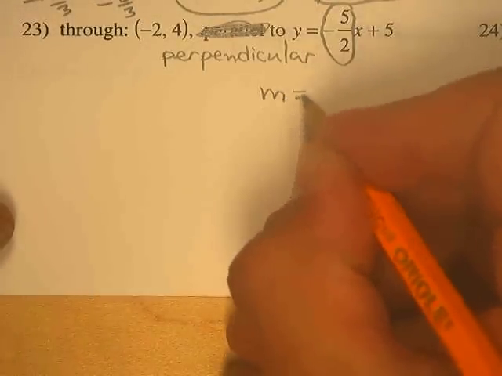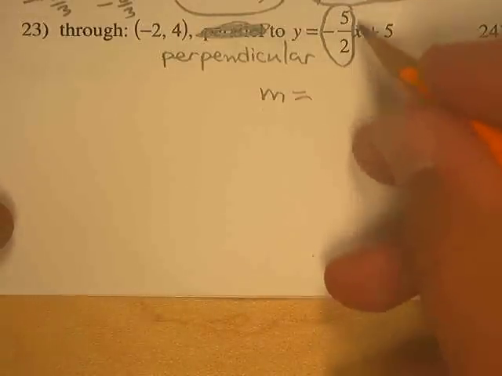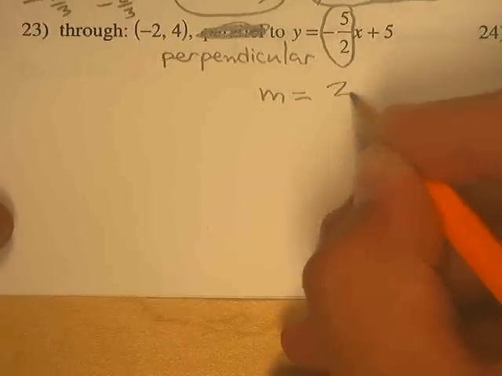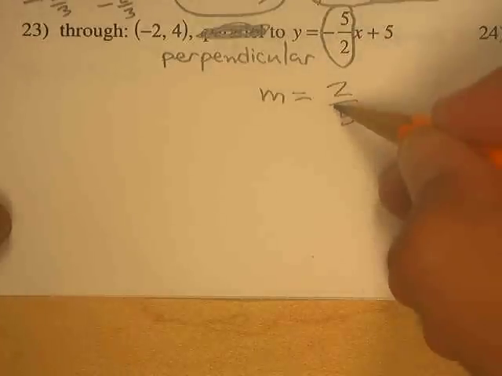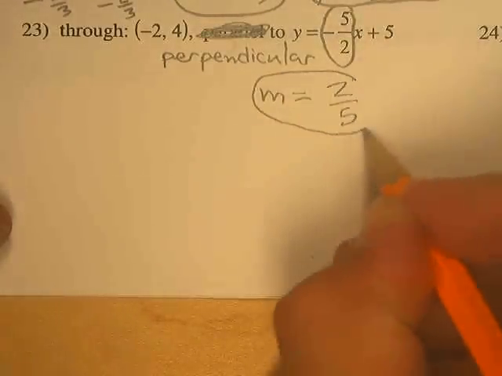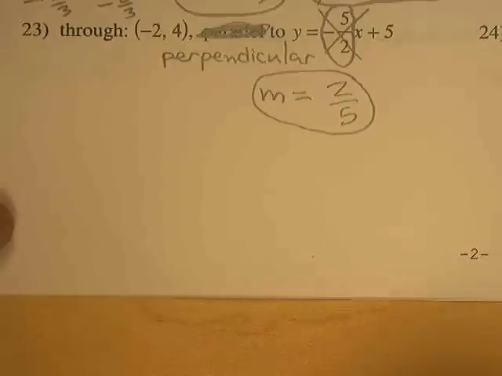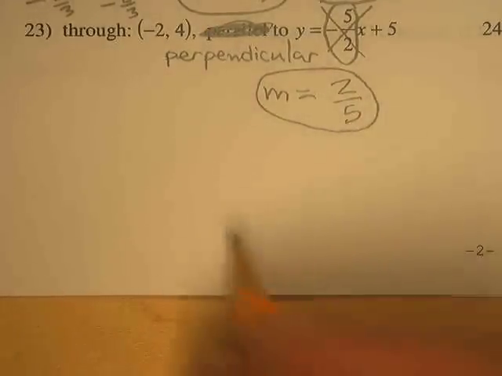It's negative 5/2, right? Well, to be perpendicular, the slope we need to use has to be the opposite reciprocal. So that means I have to flip this. So I flip the 5 and the 2. It becomes 2/5. And you see how this was negative, this becomes positive. So this is our new slope that we're going to use, not this one.